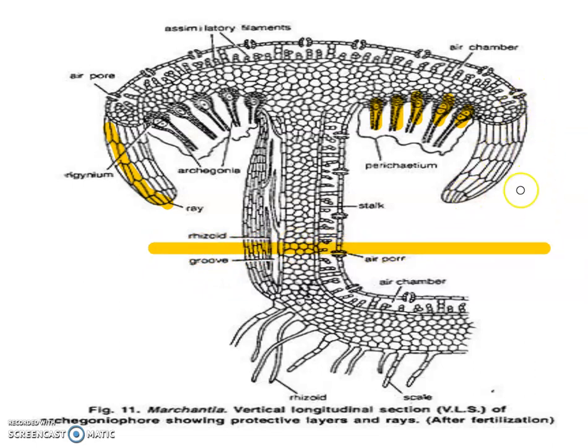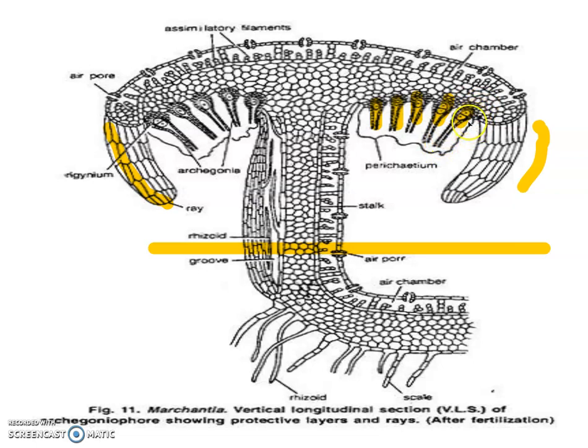This whole structure is called the archegoniophore, and at the lower surface of the archegoniophore archegonia are formed, and in each archegonium egg cells are formed.